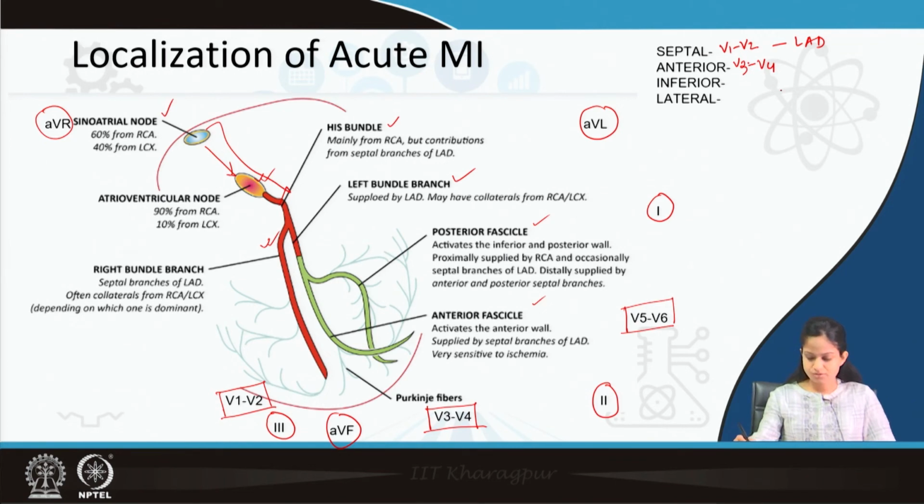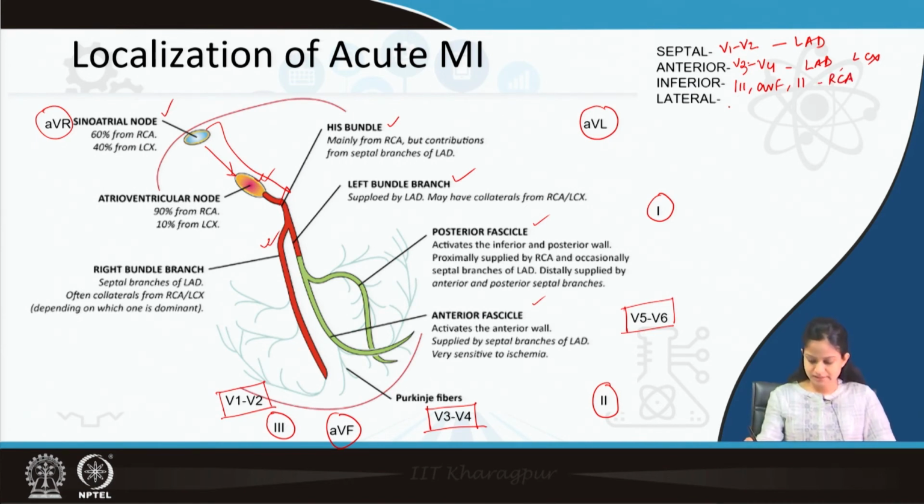Anterior leads are also seeing the left anterior descending artery, and to some extent the left circumflex artery also. Inferior leads means we have lead 3, AVF and lead 2. These inferior leads are seeing the right coronary artery.